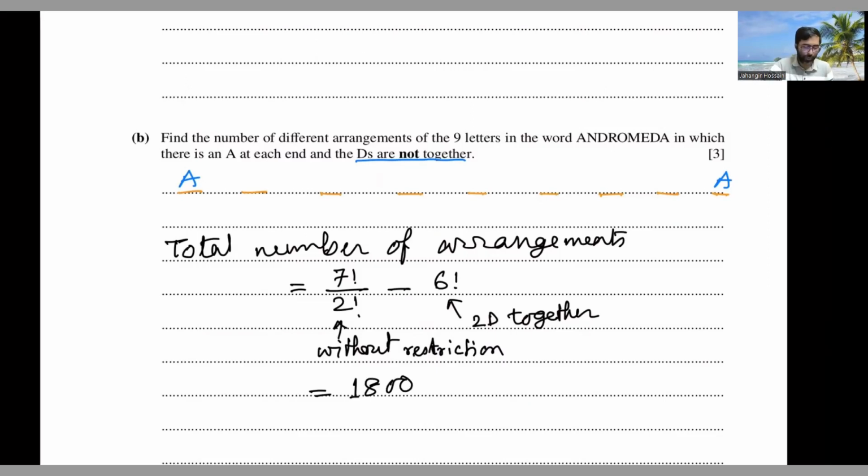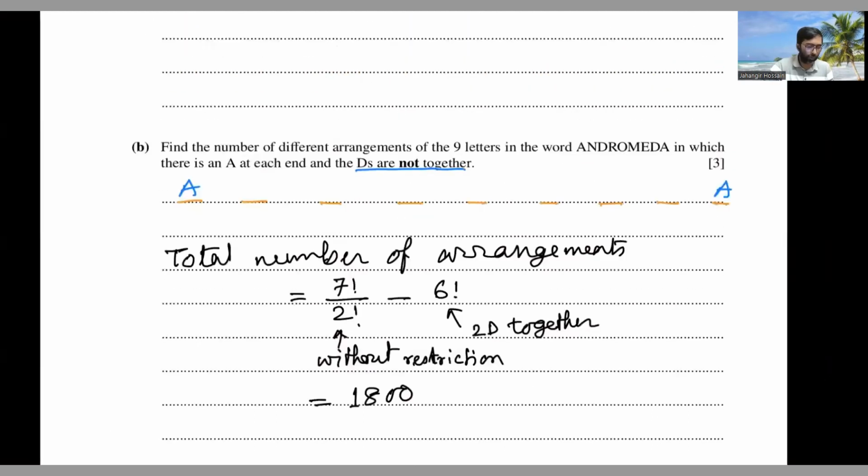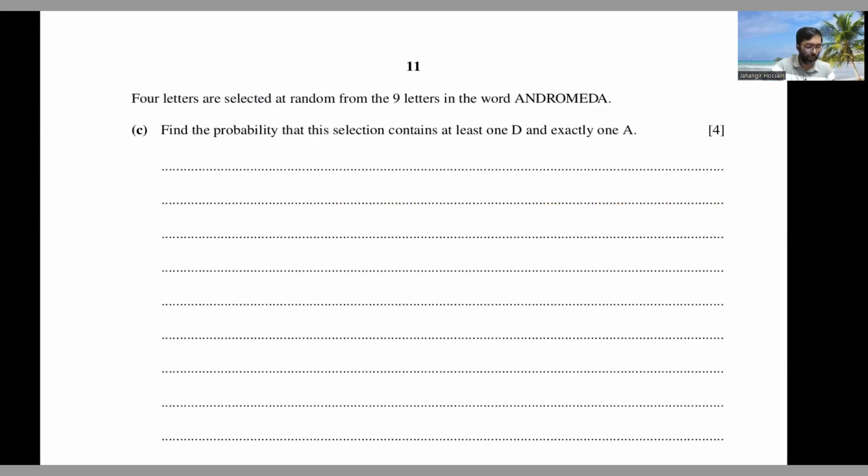Now, there is another part to this question. Let's move on to that part. 4 letters are selected at random from the 9 letters in the word Andromeda. Find the probability. Whenever we are selecting letters, normally, if there are 2 identical letters, we consider it as a single selection.